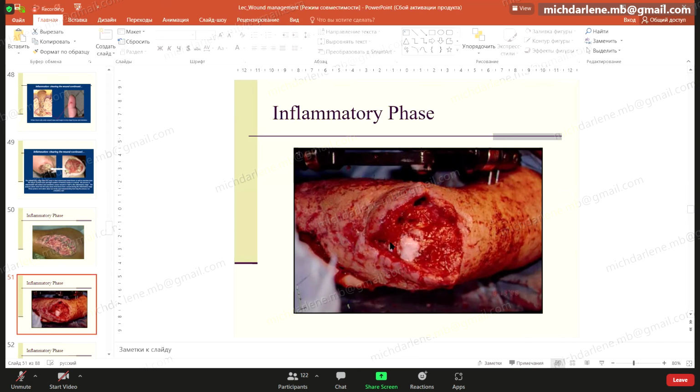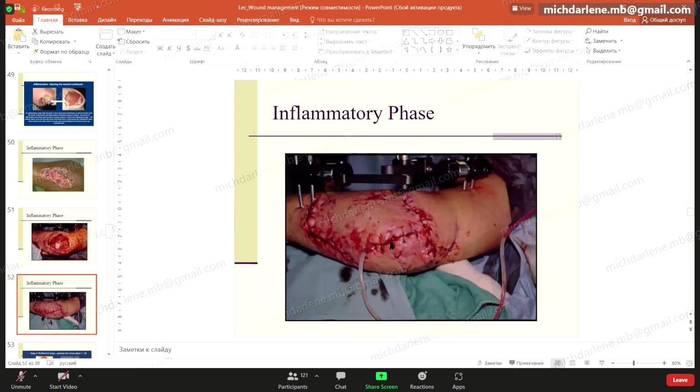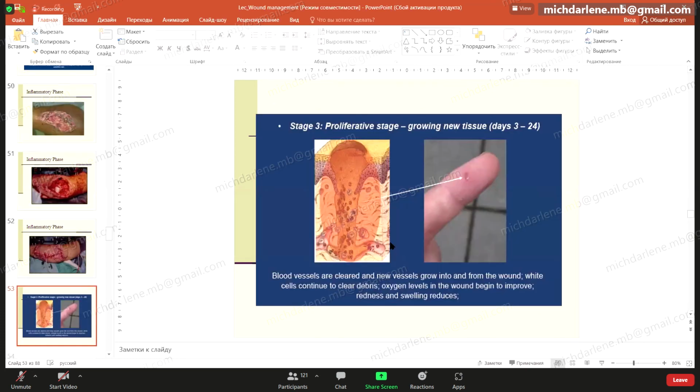That's why we understand that we have some vessels under this wounded surface, and the regeneration happened no better. But we try to cover this wound with skin plastic to protect it from new inflammatory problems.